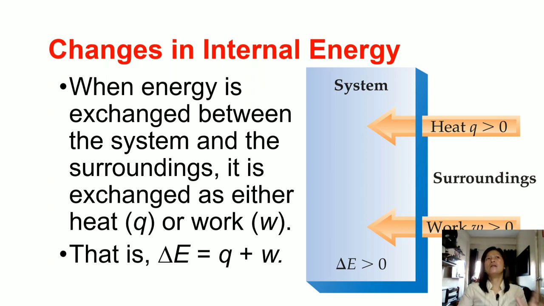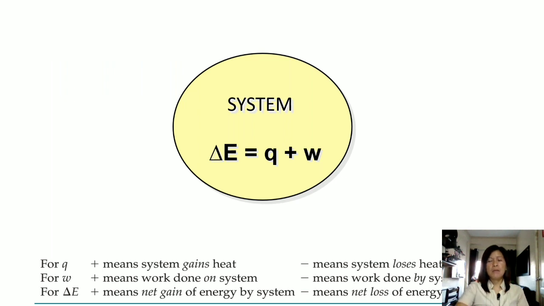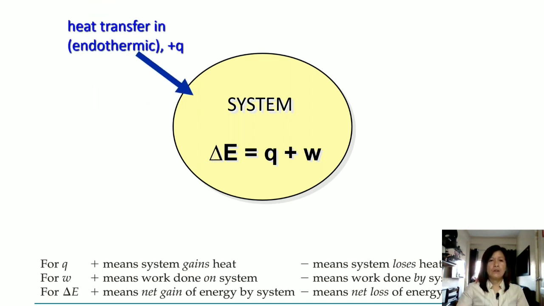Jibe lang din ito dun sa initial concept natin kanina na whenever a system absorbs energy, the change in the internal energy is always greater than 0 or any positive value of energy. So in summation, heat may be transferred from the surrounding to a system.